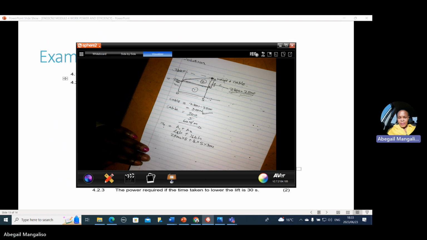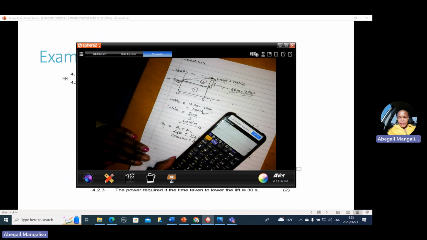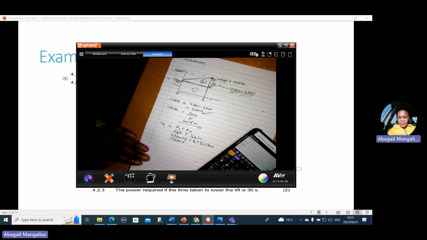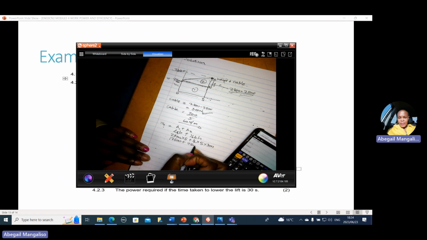Now use a calculator to get your answer. 2,500 times 5, the answer for this side is 12,500, plus 0.5 for half, multiplied by 5, multiplied by 300. The answer for this side is 750. So you add the two, 750 plus 12,500, and it is 13,250 joules. That is the work done. Work done is measured in joules.